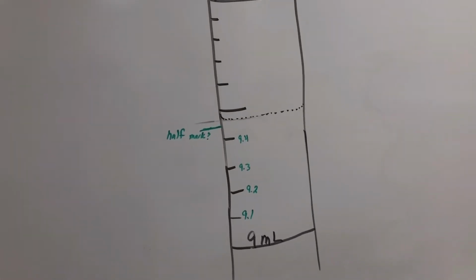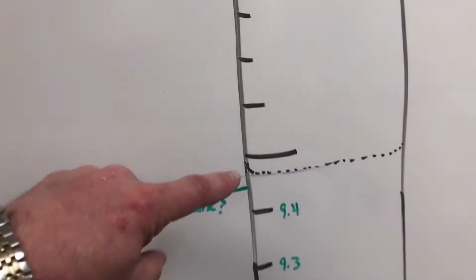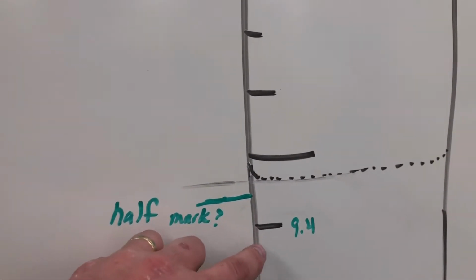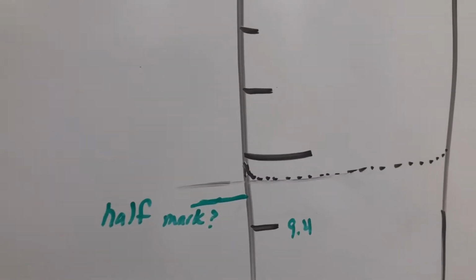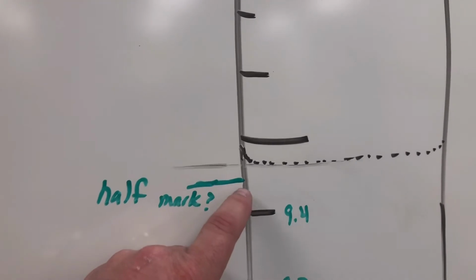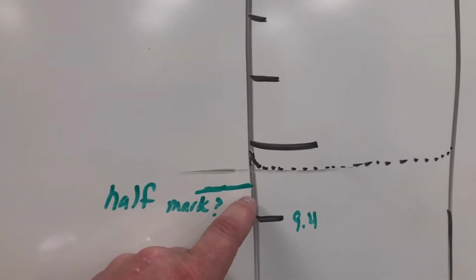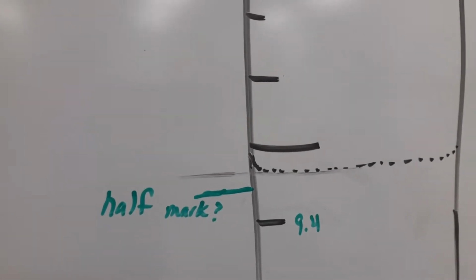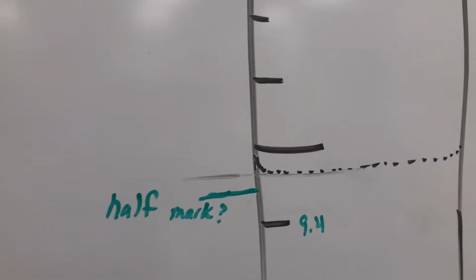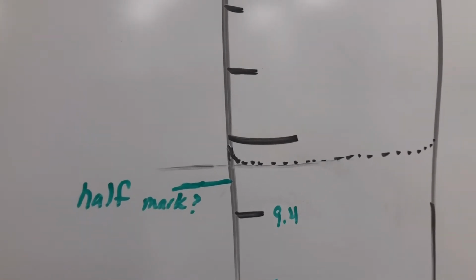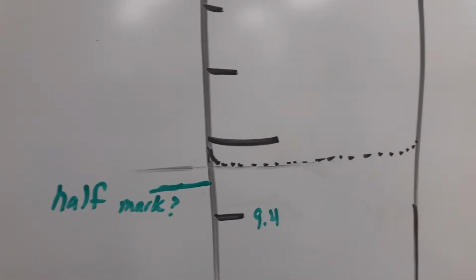Well, we know for a fact that if this is our meniscus, it's above 9.4 and less than 9.5 milliliters. So if I am eyeballing this, and that is about 9.45, I can say with fairly good estimation that this is going to be 9.46 or 9.47, give or take. And again, that last significant digit is estimated.